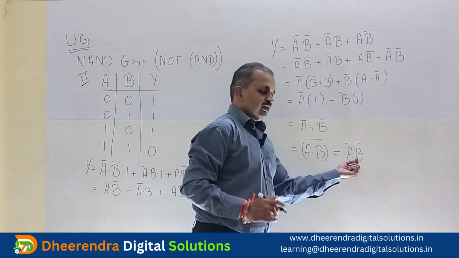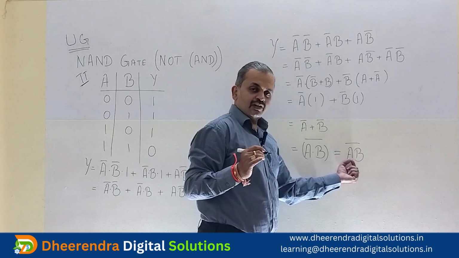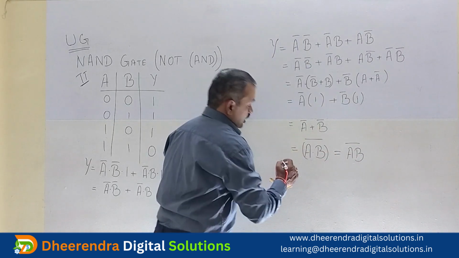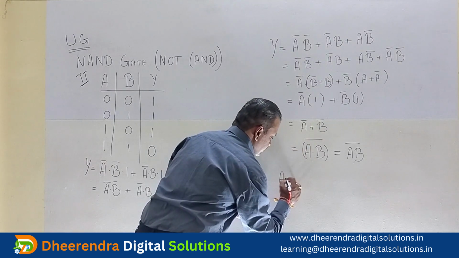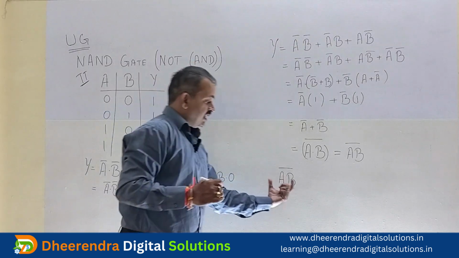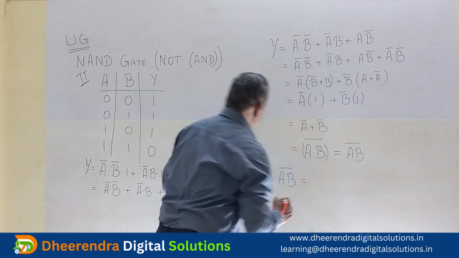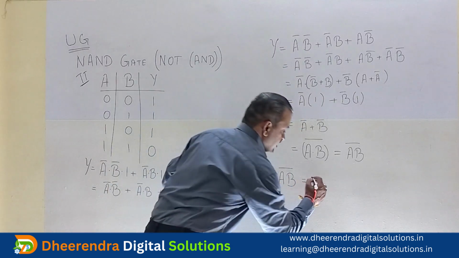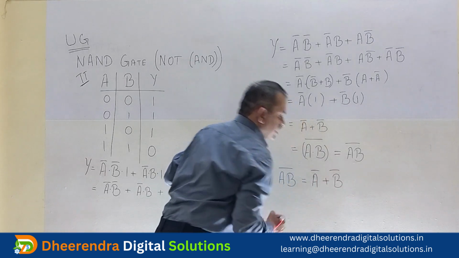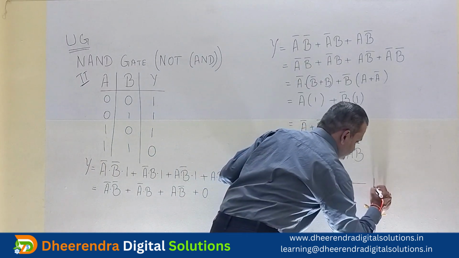Many a times the dot which is being used to represent the AND operation will go missing. You'll just write it as AB, that is still acceptable. So by the definition of the NAND gate, we get the equation as AB whole bar, whereas by simplifying the truth table, we get the equation as A bar plus B bar. This is also our first De Morgan's law.